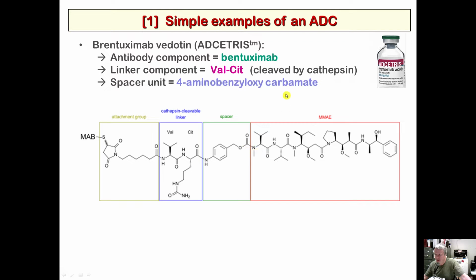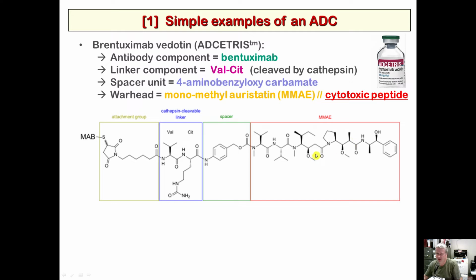You put them together and you have a carbamate. And then the warhead in this case is monomethyl auristatin, or MMAE. We'll see that one in a few more places. It's a cytotoxic peptide that binds to tubulin and basically inhibits mitosis. So that's overall what this antibody-drug conjugate is.